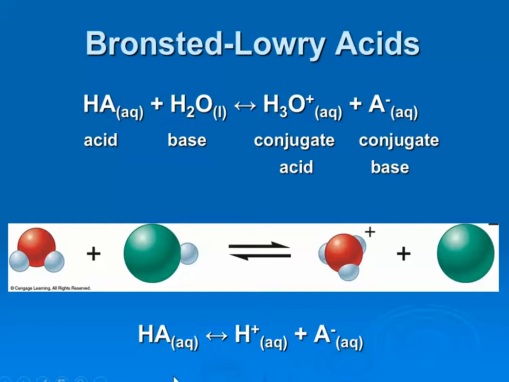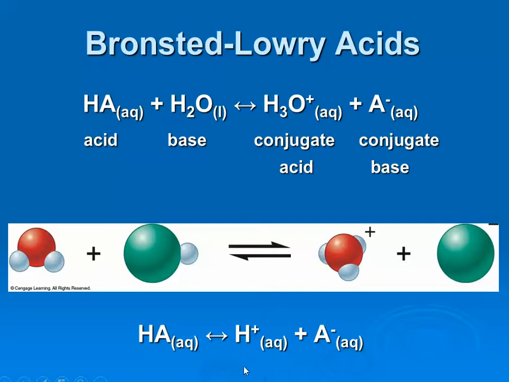If you can pick it out, see what's the difference between them. Hopefully you can see that what they've eliminated is the H2O. Often they'll shorten the acid-base equation by eliminating the H2O, and then we basically see the dissociation of that acid in water. So the HA breaks down into the H plus ion and the A minus ion.